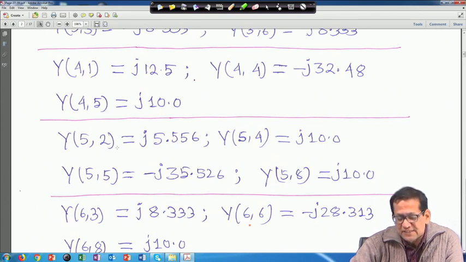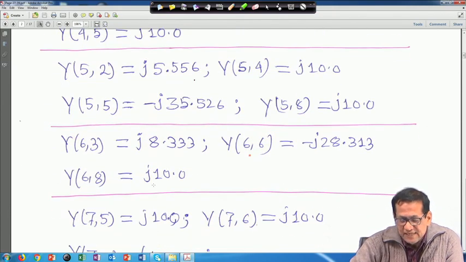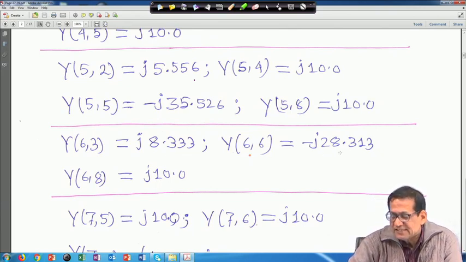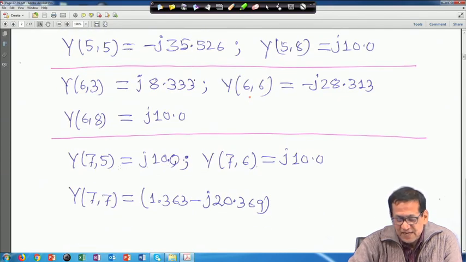Y52 is J5.556, Y54 you will get J10, Y55 you will get minus J35.526, and Y58 you will get J10. Similarly Y63 you will get J8.333, Y66 you will get minus J28.313, and Y68 you will get J10, and Y75 you will get J10, Y76 you will get J10, Y77 you will get 1.363 minus J20.369.